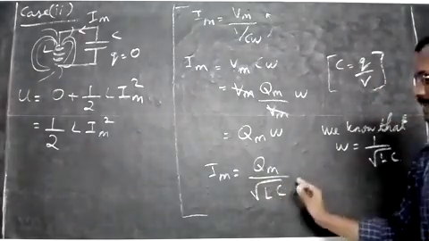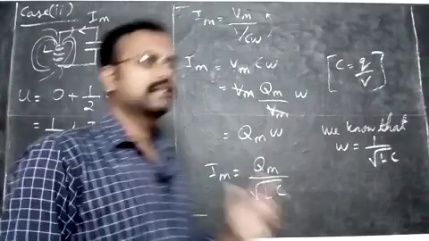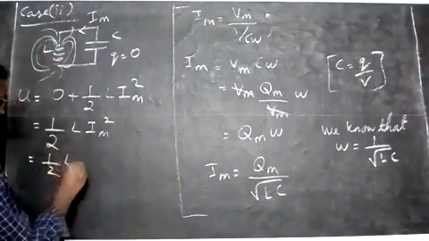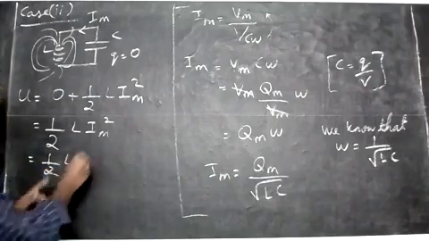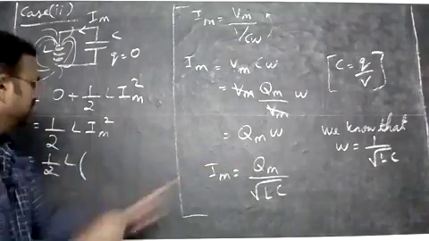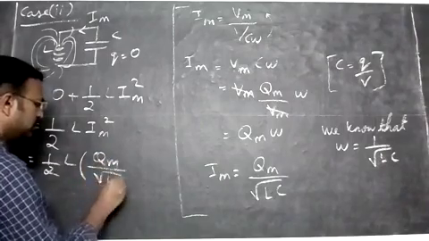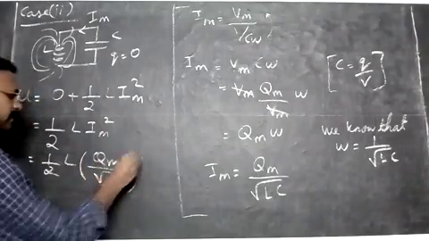Now we are going to take this and substitute here. Let's see what we get. So we get half into L into, instead of Im, you write Qm divided by root LC, and then square it also.